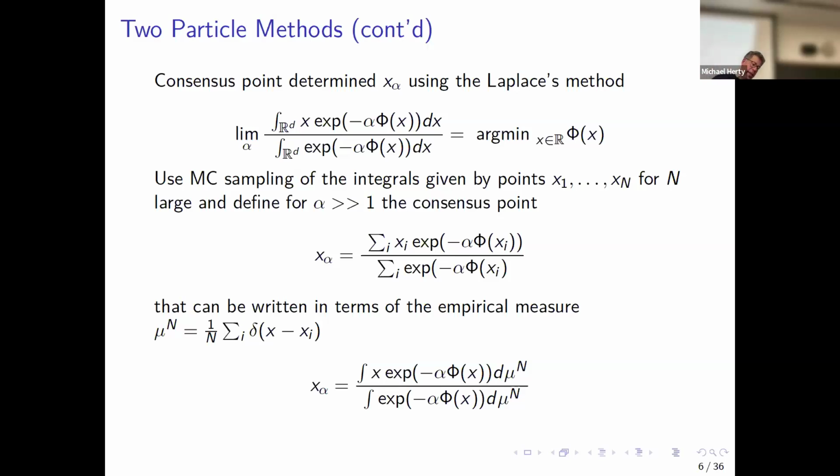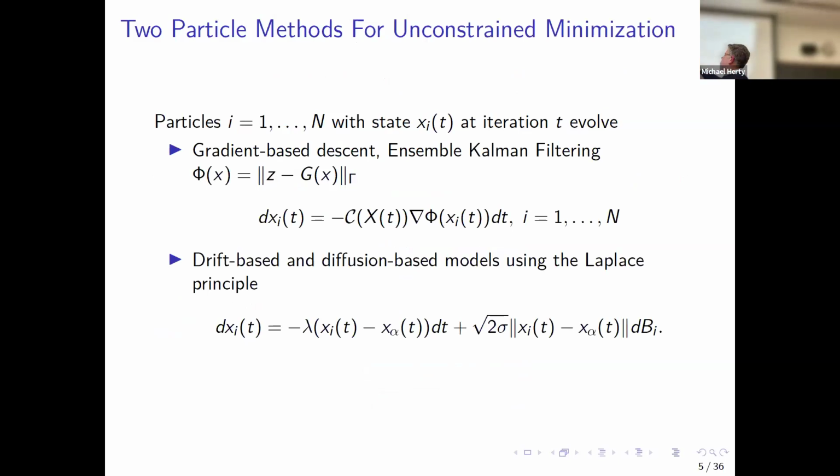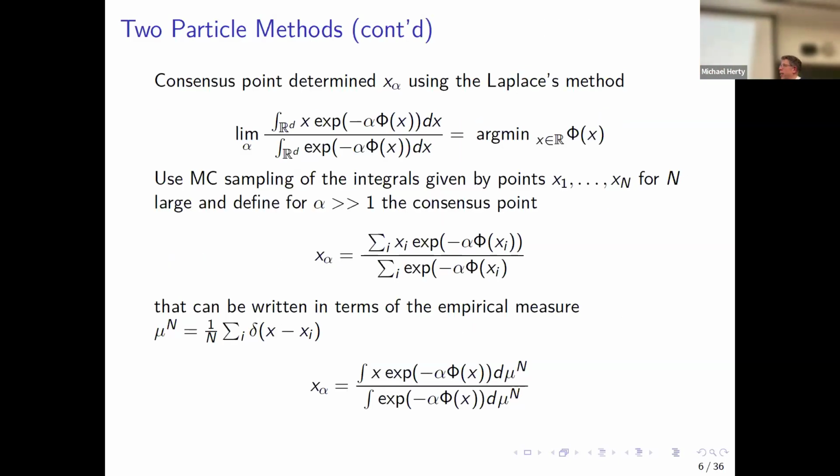Instead of looking at the individual particles, I look at the probability density of these particles as a counting measure, and then I can rewrite this as an integral against the particle density. This quantity now depends on this measure. I hope to also rewrite this dynamics as a forward dynamics, or as a PDE for this empirical measure, and then study this PDE. This is the basic idea.